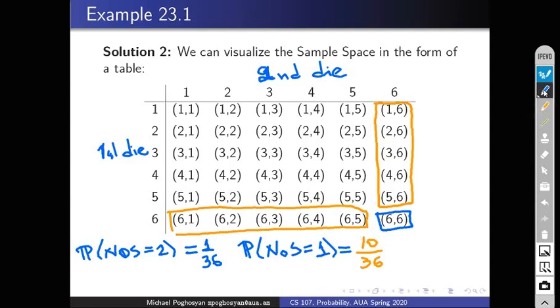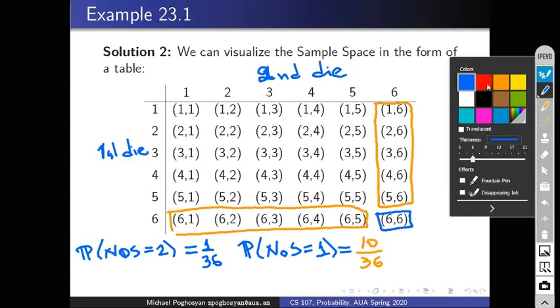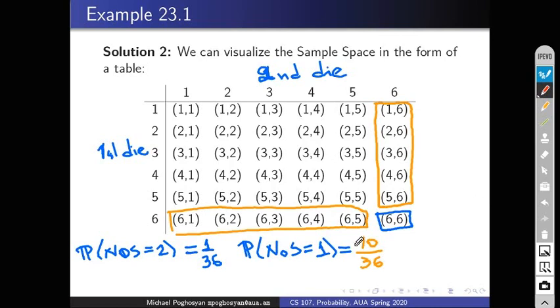And if we want to calculate the probability that we will not have any sixes at all, so number of sixes is equal to 0. This is this part, so we do not have any 6 here.